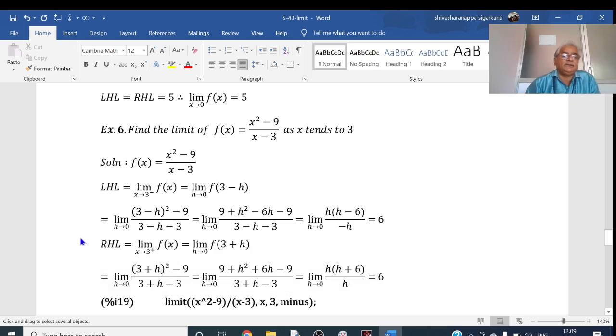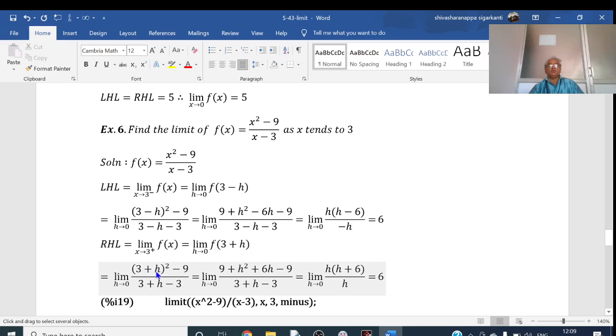What about the right hand limit? Right hand limit equals the limit of f of x as x tends to 3 plus. This is equal to the limit of f of 3 plus h, replacing x by a plus h, as h tends to 0. Now f of x is x square minus 9 by x minus 3. So we replace x by 3 plus h: (3 plus h) square minus 9 divided by 3 plus h minus 3.